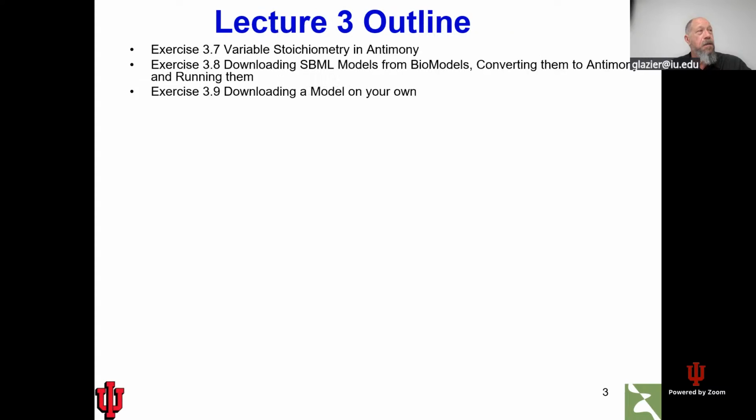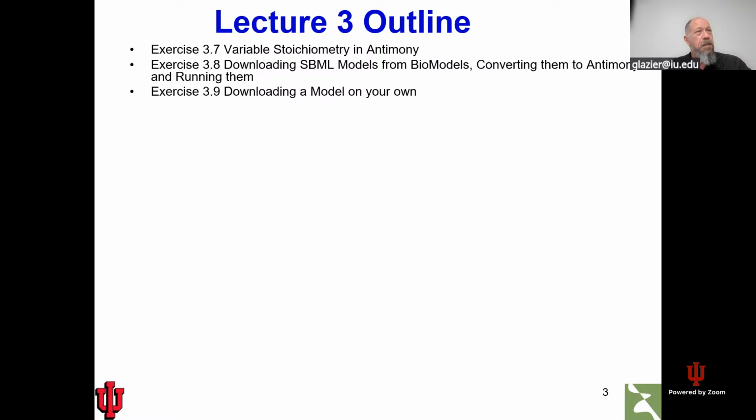And depending on the amount of time, I would like to show you how to download models from the web and run them and also play with that a little bit. That's a sort of open-ended exercise. If we don't do it in class, I may ask you to come and do that on your own.